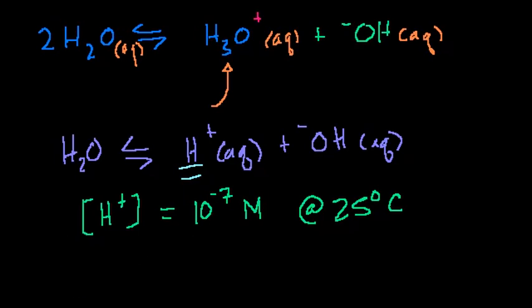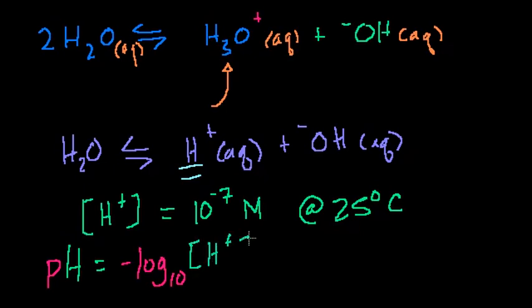So they defined the pH is equal to the minus log base 10 of your hydrogen concentration. And of course, that's equal to minus log base 10 of 10 to the minus 7 for pure water at 25 degrees, which is equal to 7.